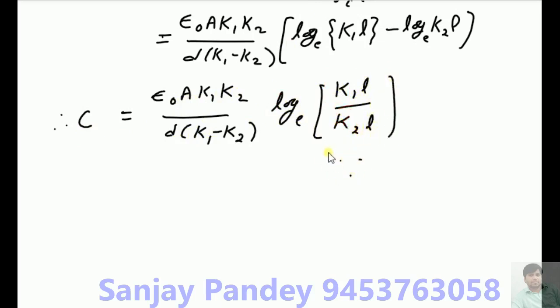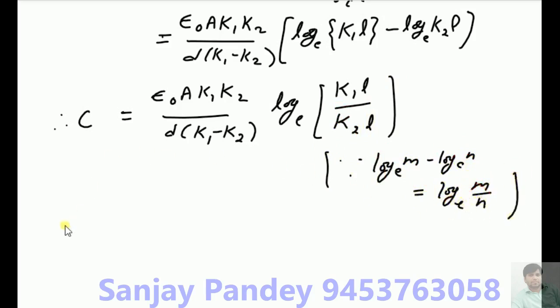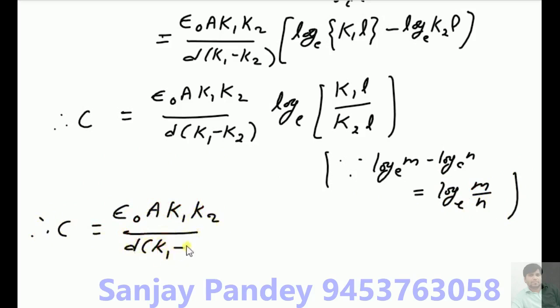Since log m minus log n is equal to log m upon n, here C will be equal to epsilon naught A k1 k2 upon d (k1 minus k2) into log base e, l and l get cancelled here, k1 upon k2.